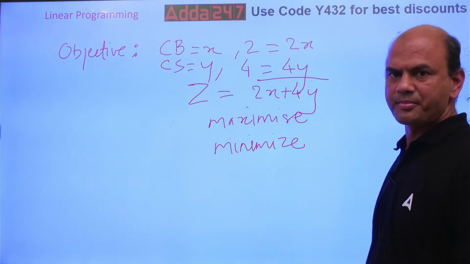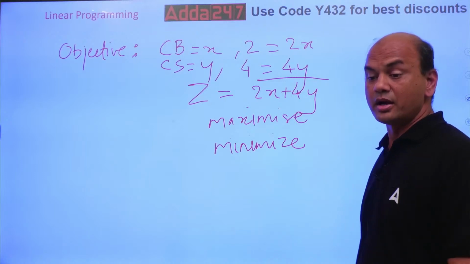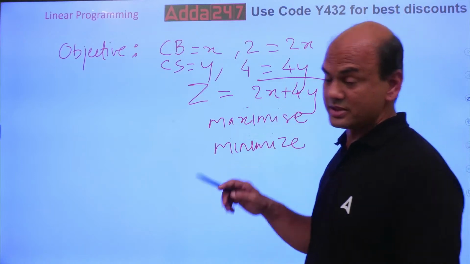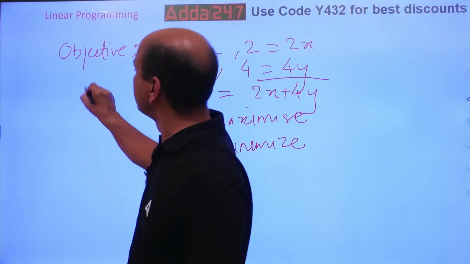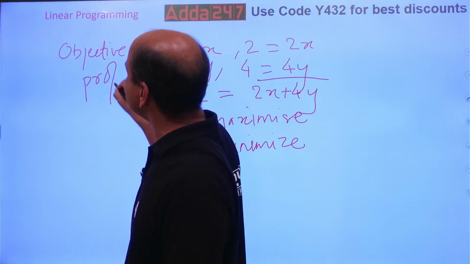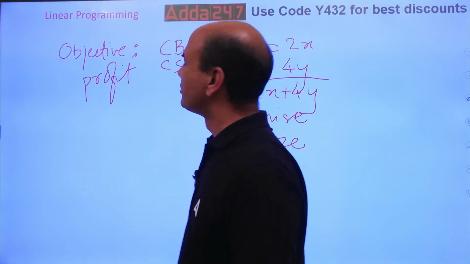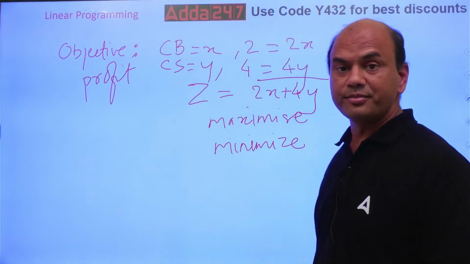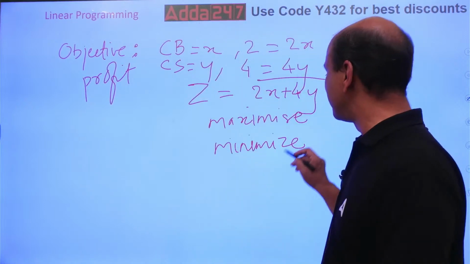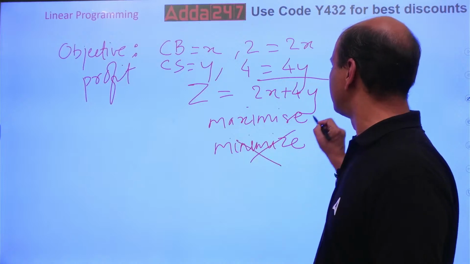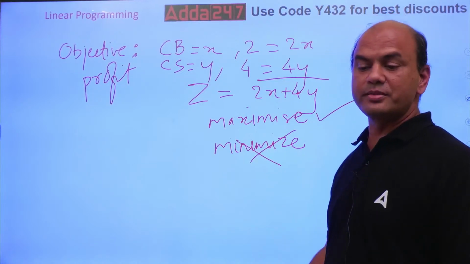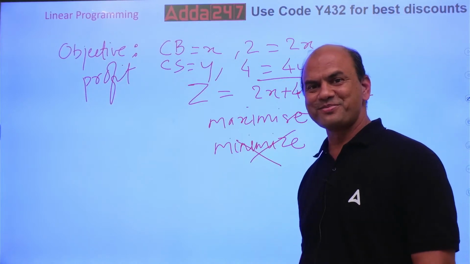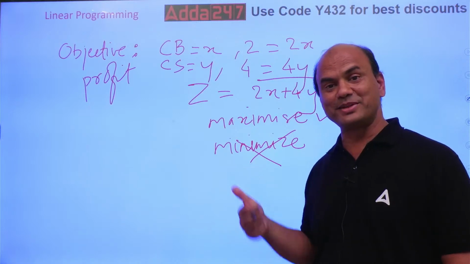Comment section. I am in the profit zone. See, the objective is of profit. So profit, what did I say earlier? Profit is always to be maximized. So this I'll cancel. Profit is maximize. So this is my profit, maximize.